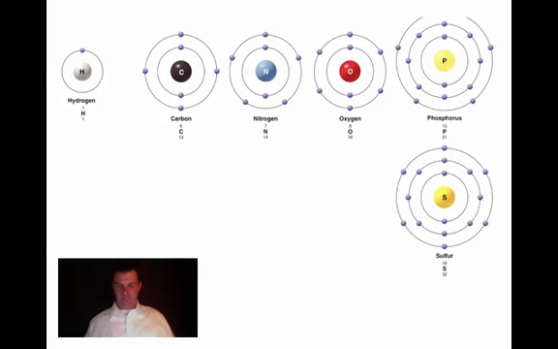Today we're going to talk about chemical bonding, and I'm going to talk about four types of chemical bonds. We're going to talk about ionic bonds. We're going to talk about covalent bonds.